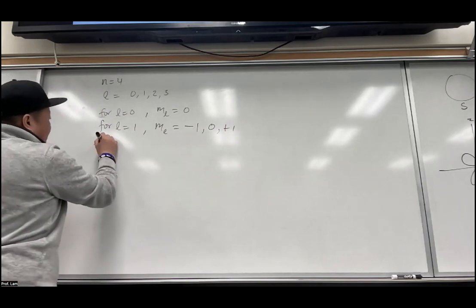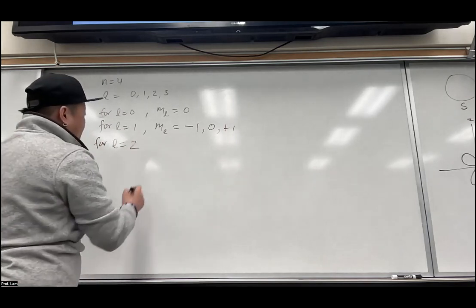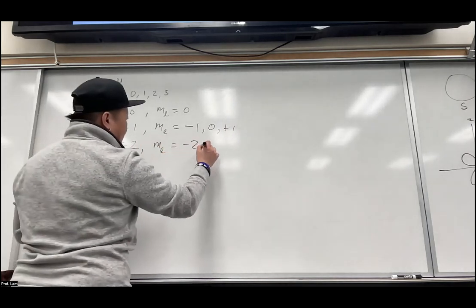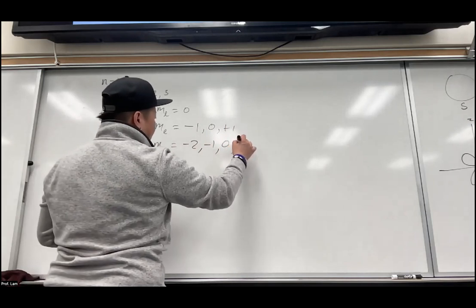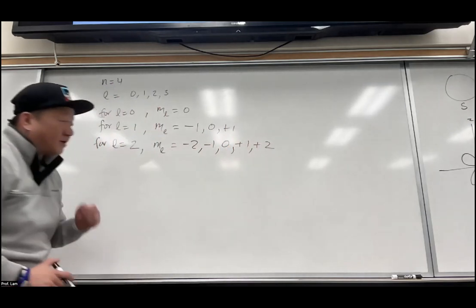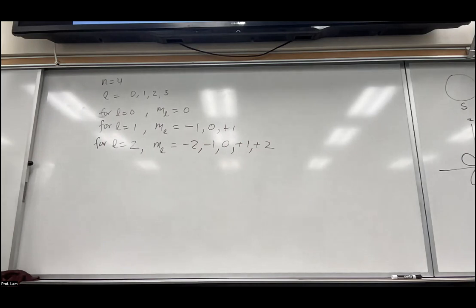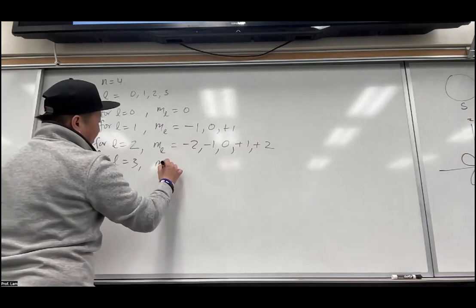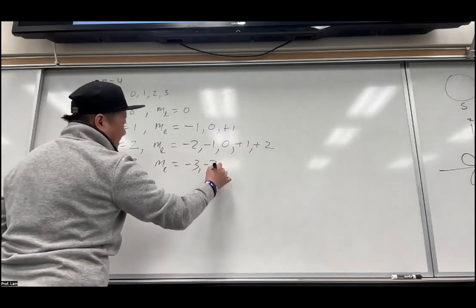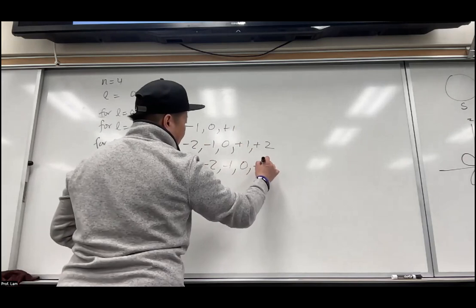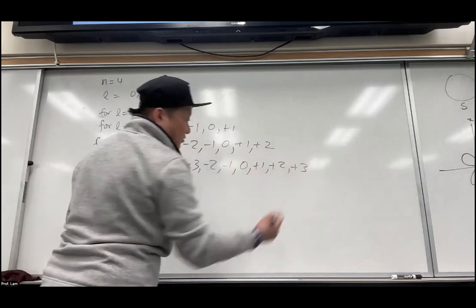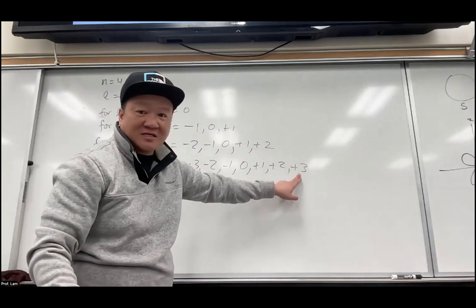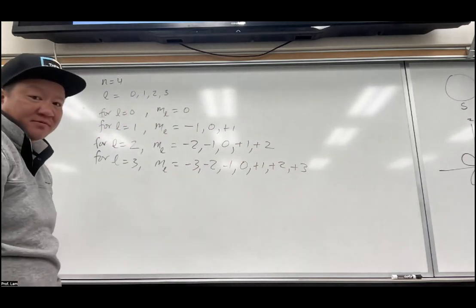And then for L is equal to 2, ml is equal to minus 2, minus 1, 0, plus 1, and plus 2. For L is equal to 3, ml is minus 3, minus 2, minus 1, 0, plus 1, plus 2, plus 3. You guys see how that works, right? mLs can be from negative L to positive L, going up by 1 each time.